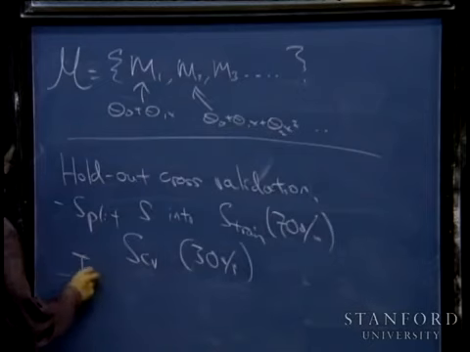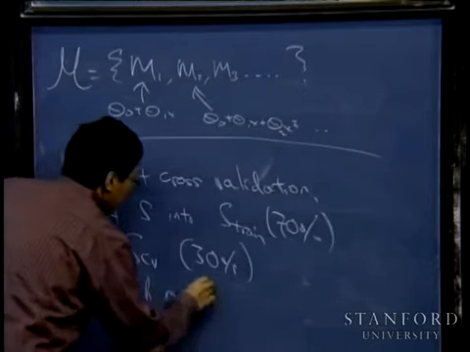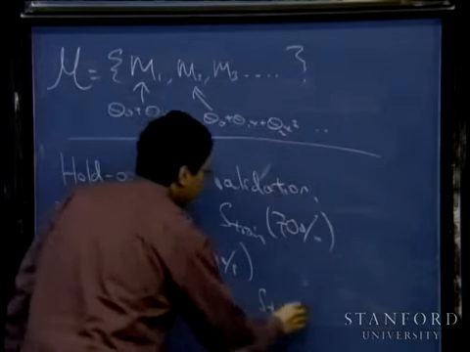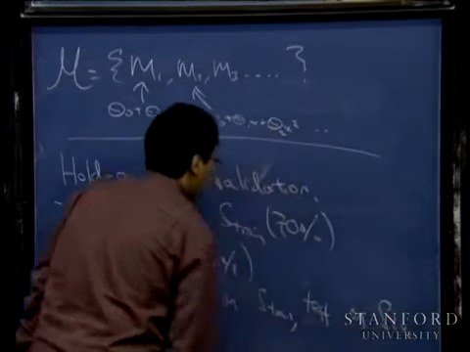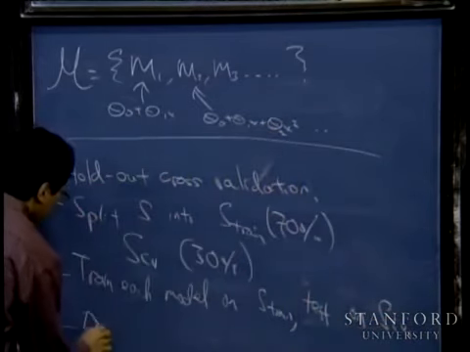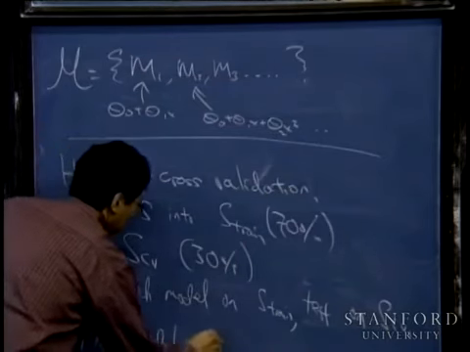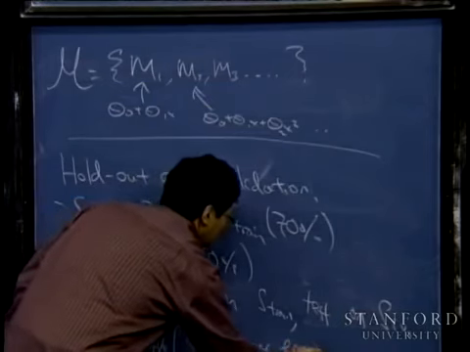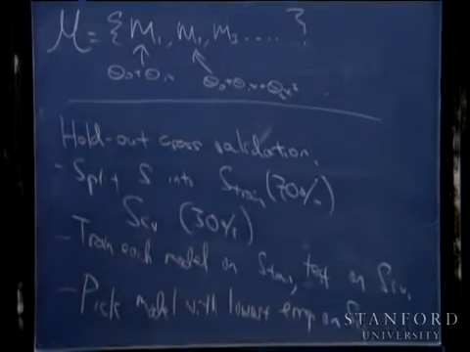Then you train each model on just the training subset and test it on your holdout cross validation set. And you pick the model with the lowest error on the holdout cross validation subset.